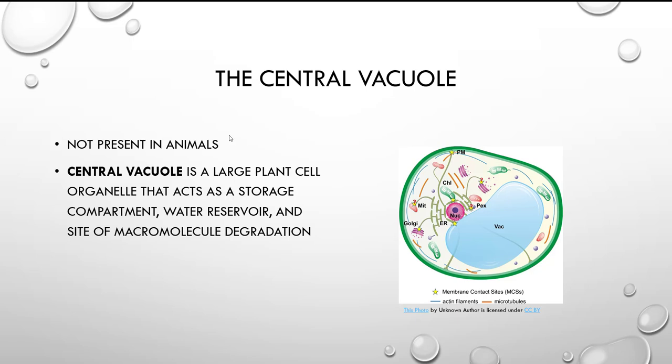So during the summertime, they need to have their storage vacuoles filled with water to get them through our long, relatively dry summers. They can also use their vacuoles as a storage compartment. So again, think about the potato. The potato tuber uses its vacuoles to store that starch.